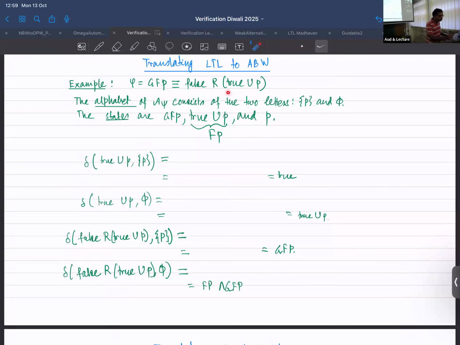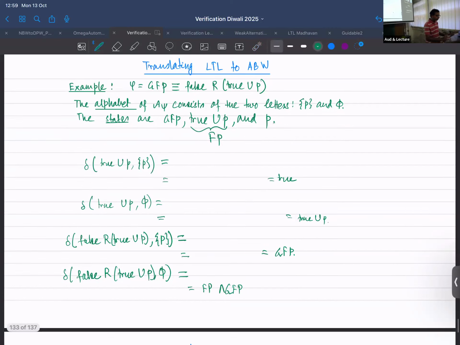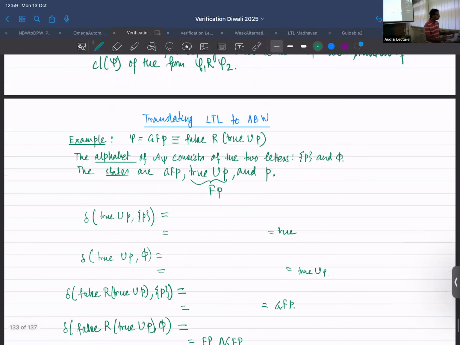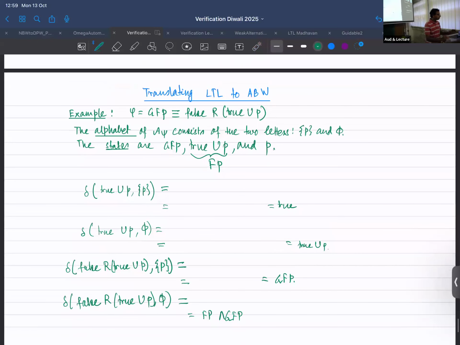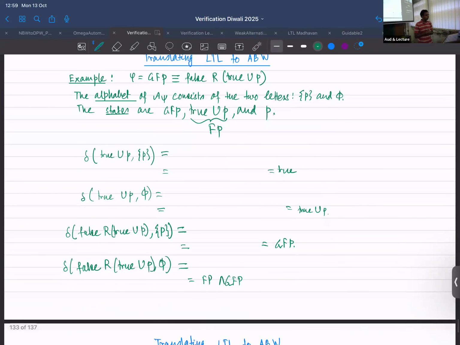Then you have true until p, and you also have p. So you have GFP, FP, and P. Now, can you tell me what is delta of true until P with a P?